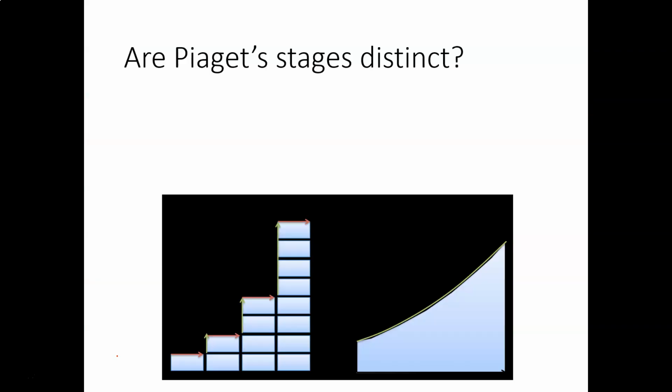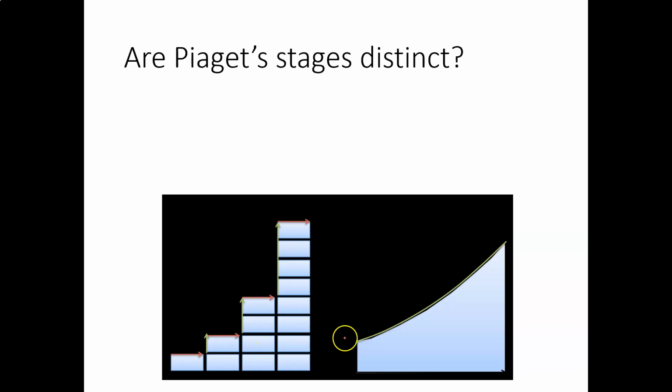So developmental psychologists have argued that perhaps Piaget's stages aren't really distinct, and this is what Piaget argued. He argued that at each stage, a child needs to discover on their own these elements of intellectual development before they can progress to the next stage. And so he viewed intellectual development as a stepwise, sudden change where the child goes from one stage to the other.